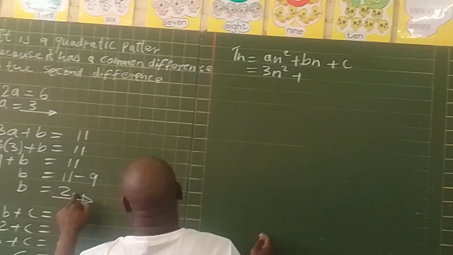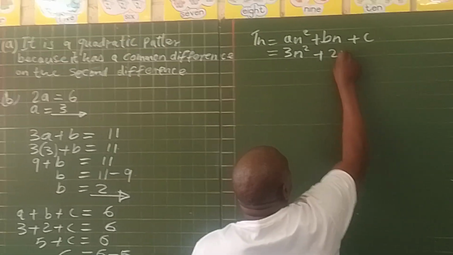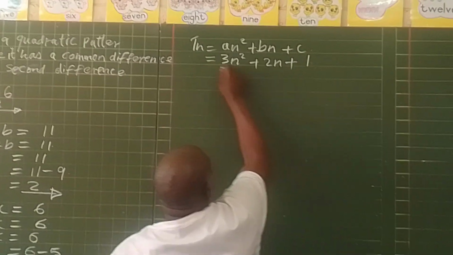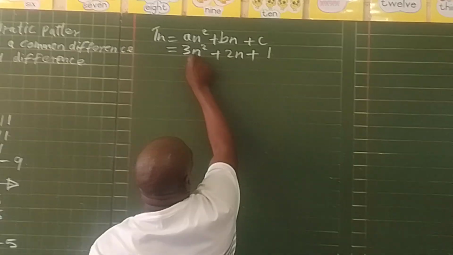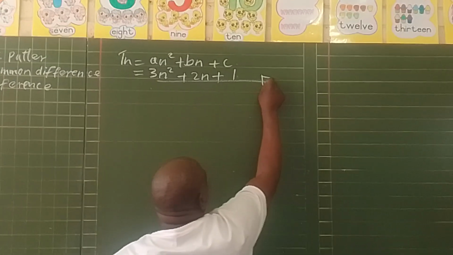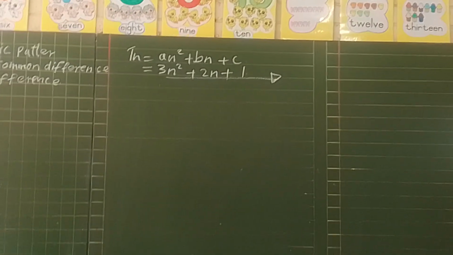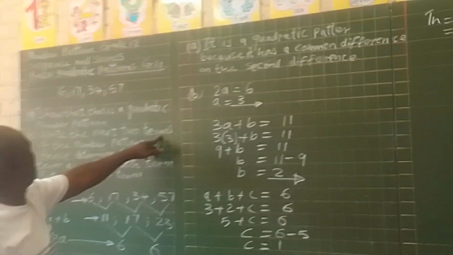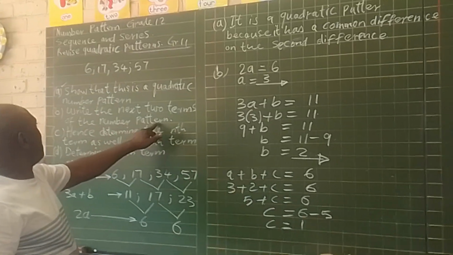Your b was 2n, plus your c is 1. This is your general formula, or the nth term.